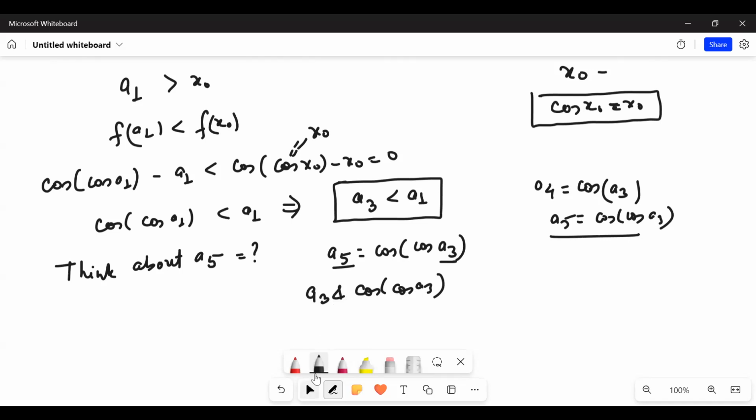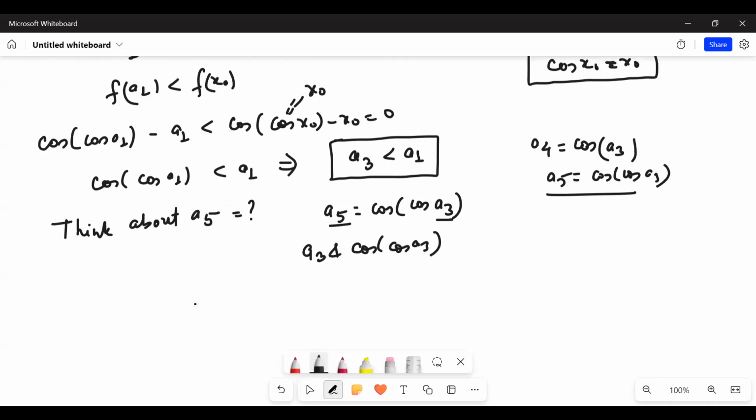Now, in order to compare this, how should I go? Let us take another function, g of x, which is cos of x, not cos of x minus x, which is f of x.